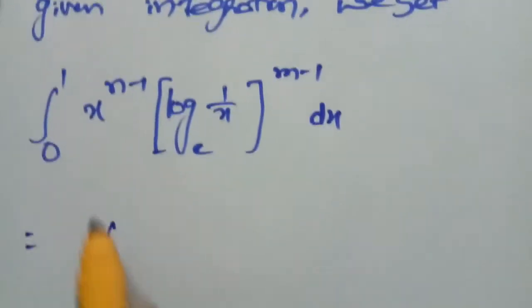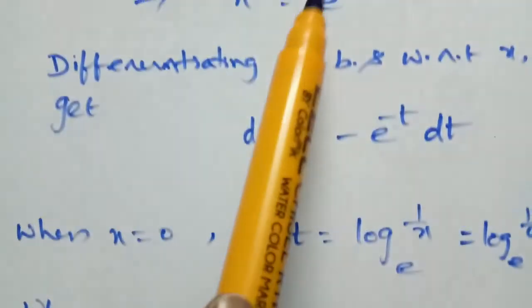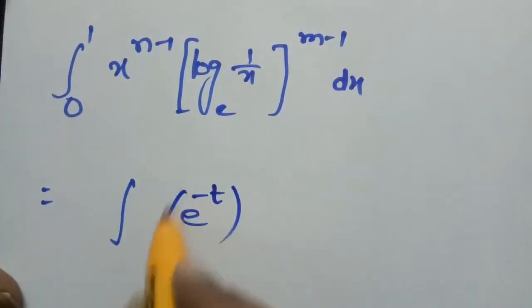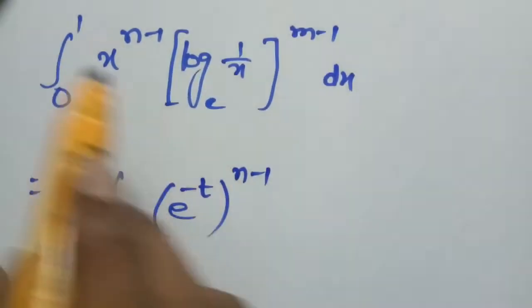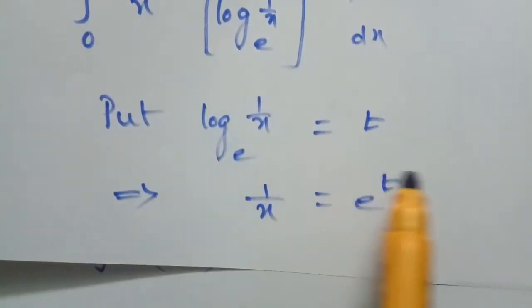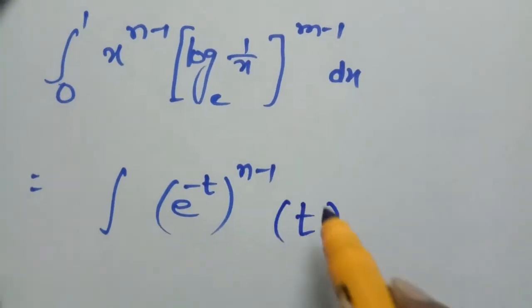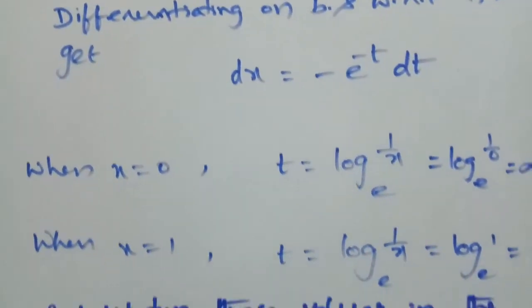Therefore, this is the integral with x equal to e to the power of minus t: (e to the power of minus t) whole to the power of n minus 1, into log 1 by x base e, which we assumed is equal to t, so t to the power of m minus 1, into dx. dx is equal to minus e power minus t into dt.